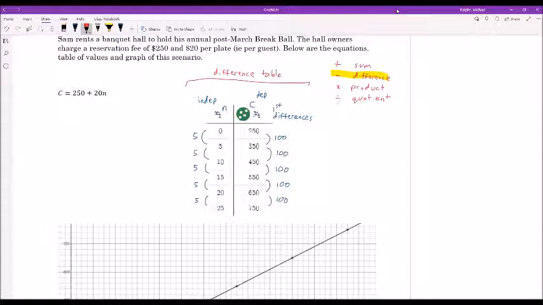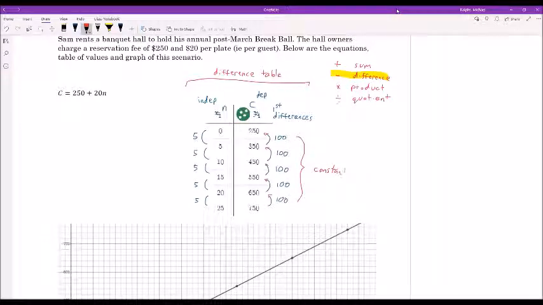Okay, so the difference between 250 to 350 is 100. So if we subtract up, we say 350 minus 250 is 100. 450 minus 350 is 100. 550 minus 450 is 100. So if I'm subtracting up each time, I'm getting a difference of 100. And notice that all of these differences are constant.